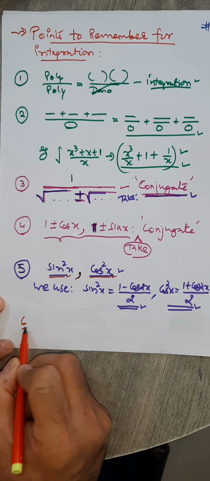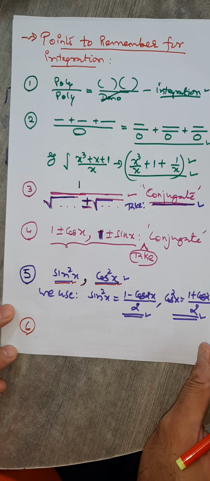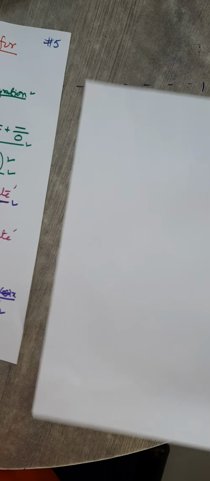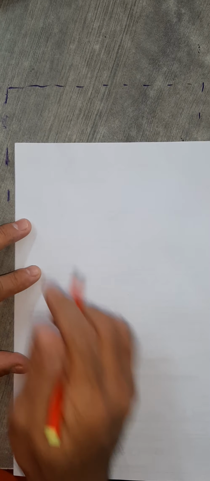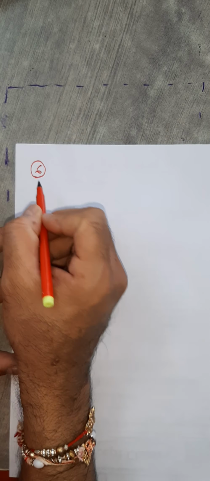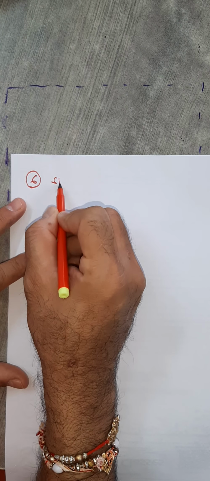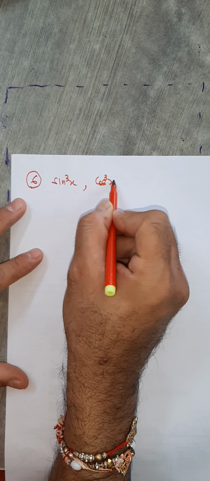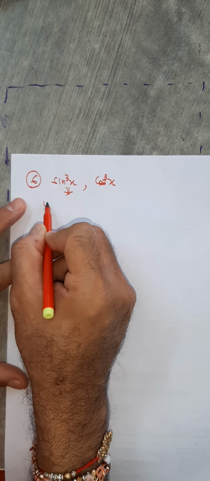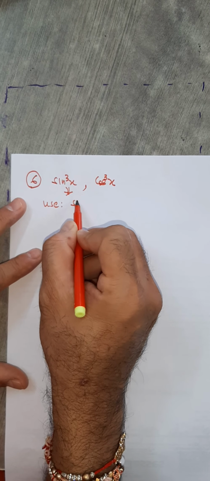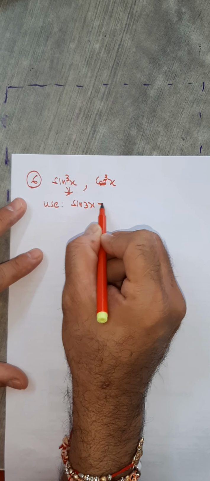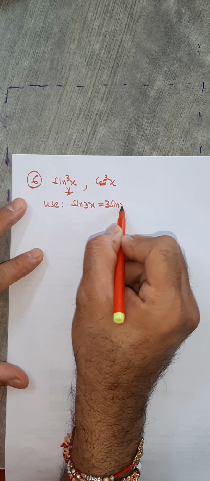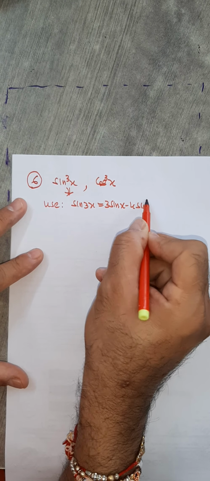If you have sine cube and cos cube, let me write here, sixth point, point number 6. That is, if you have sine cube or cos cube, then use this formula. What's the formula for sine 3x? That is 3 sine x minus 4 sine cube x, you know it.